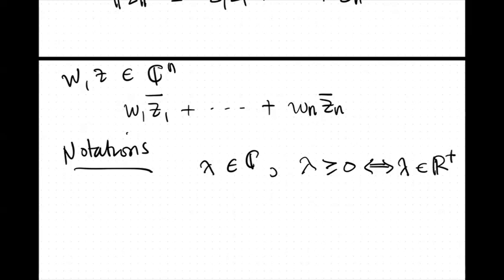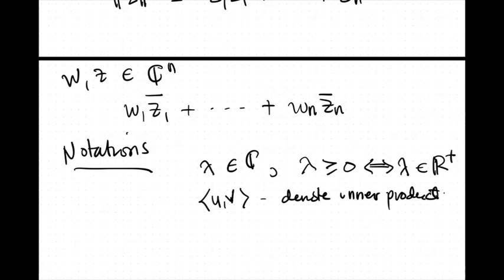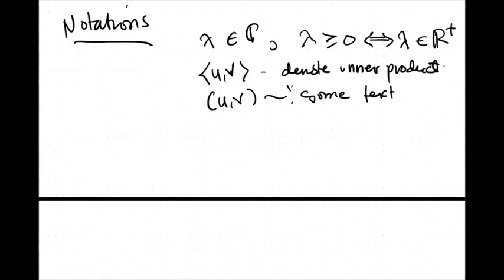And we will denote the inner product by angle brackets of U, V. Some texts use this notation. Okay, let us now define inner product in the more general notion over F, wherein F can be R or C.